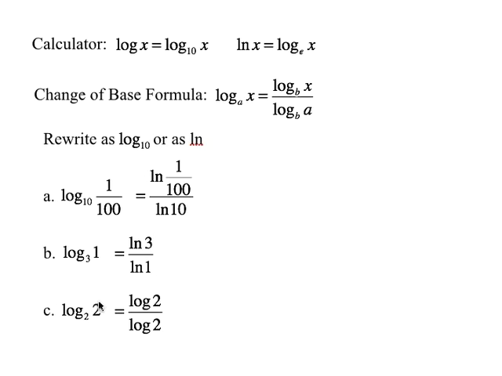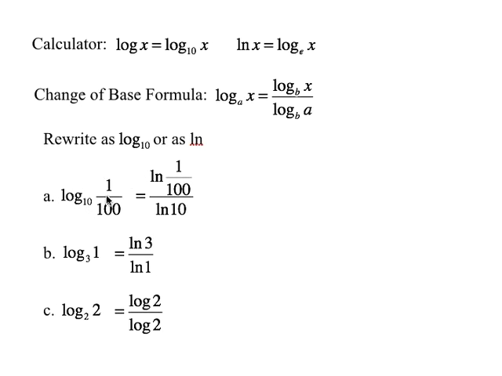Okay, let's apply it. We can rewrite this as the natural log of this number in the numerator over the natural log of this base in the denominator. That's using the change of base formula strictly, but you might think of different ways to solve this.